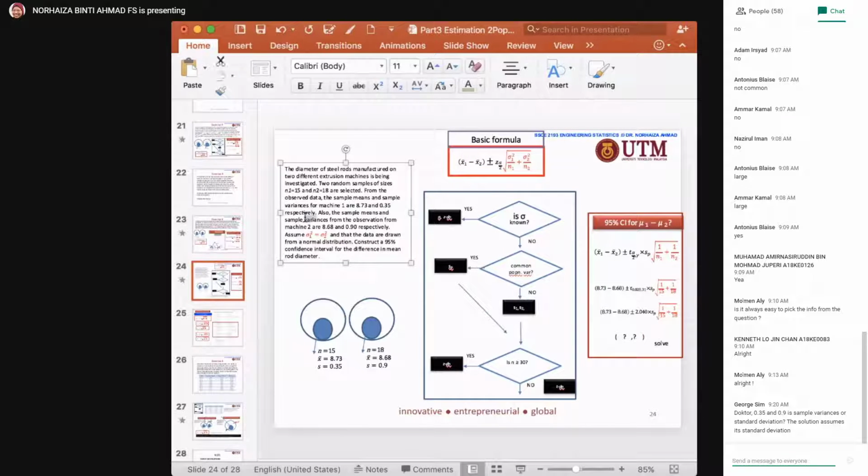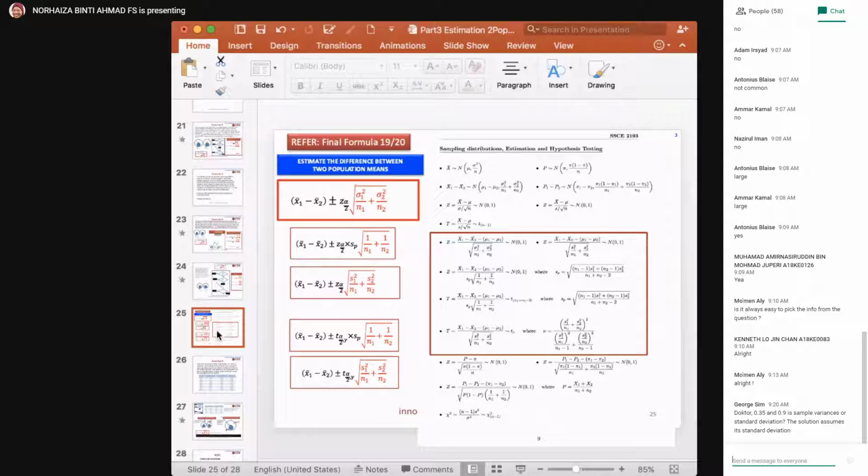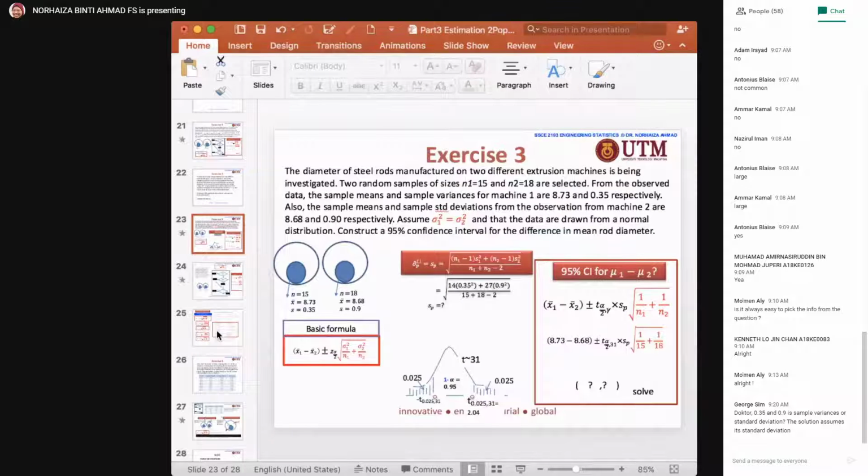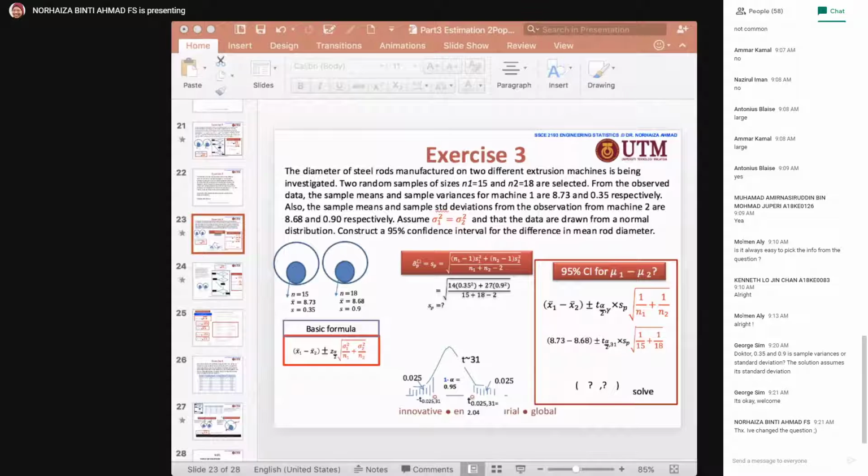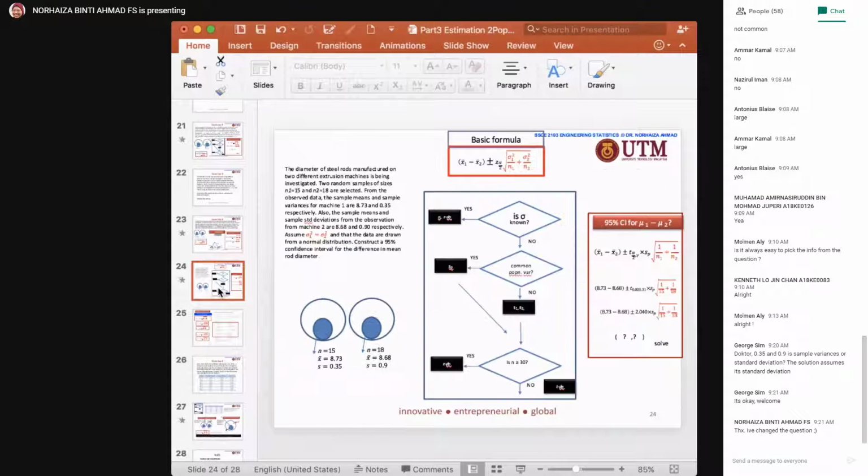Sample standard deviations. All right. So yes, that would be the solution for that.